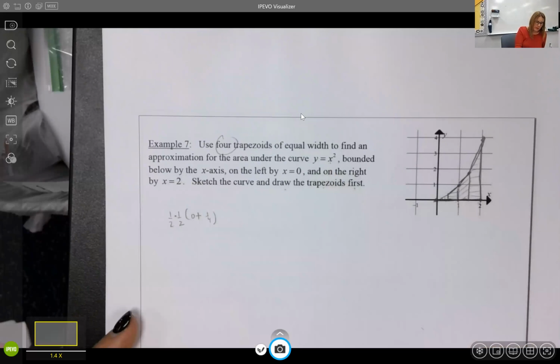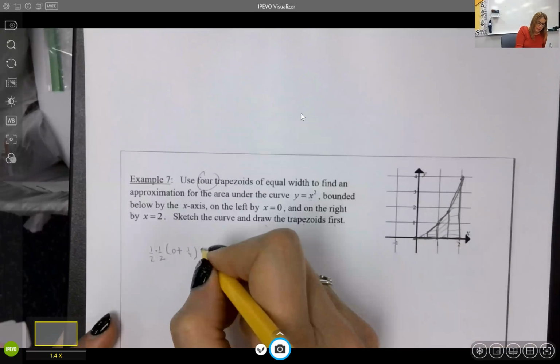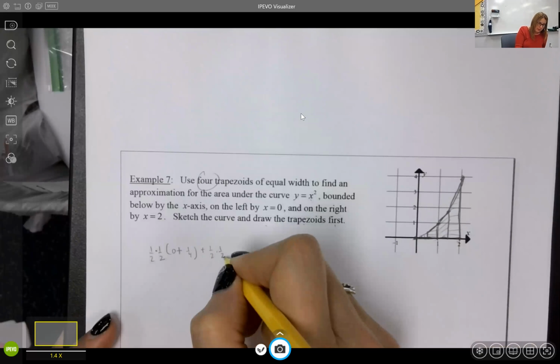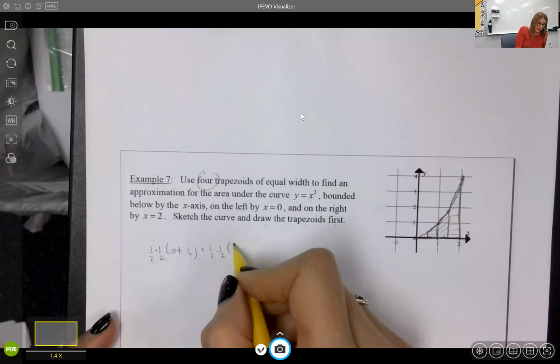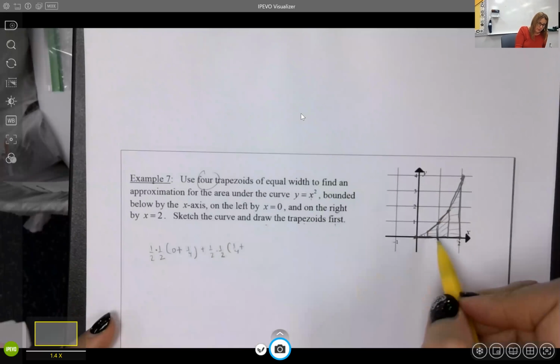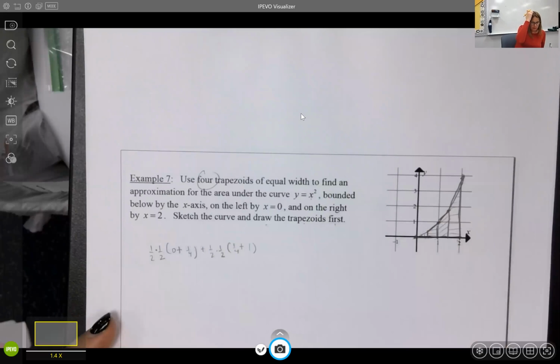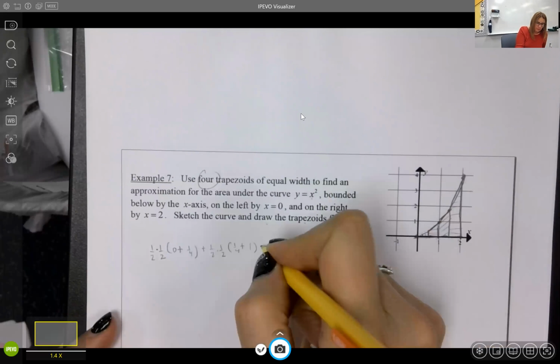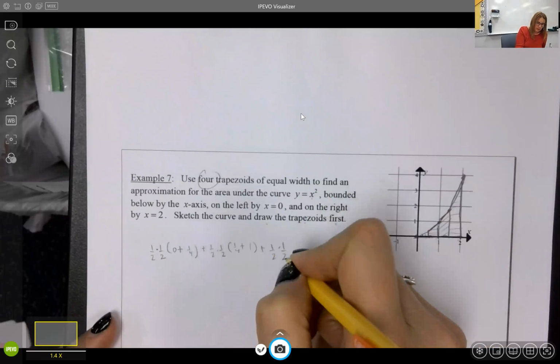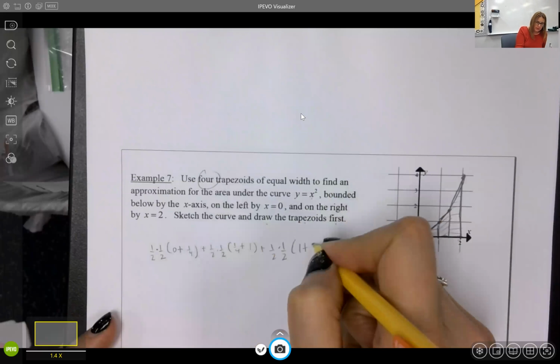So that would be the first one. And then the second one is 1/2 times 1/2. So now I'm plugging in the 1/4, and then I'm plugging in 1, which gives me 1. So 1/4 plus 1. Okay. 1 plus 9/4.